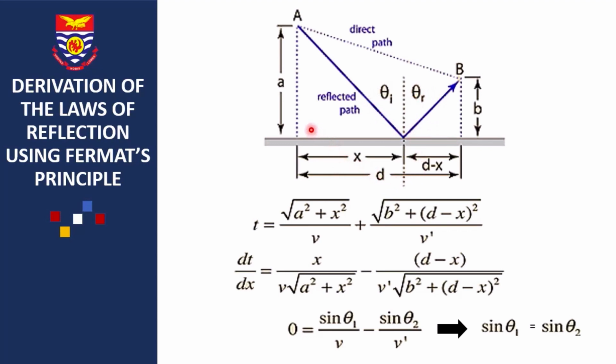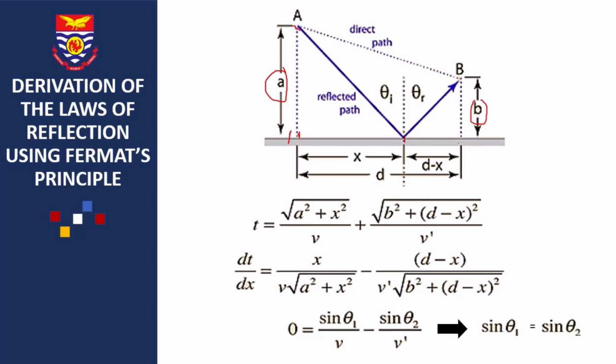Now, let's consider this part. When we finish, we'll consider the other part. So, let's take this place to be our A, and let's take this part here to be our small b. Let's take the distance from the big A to the point of incidence to be x.